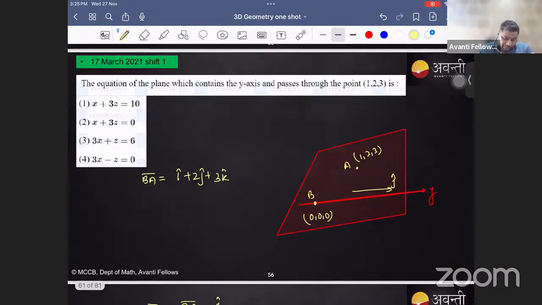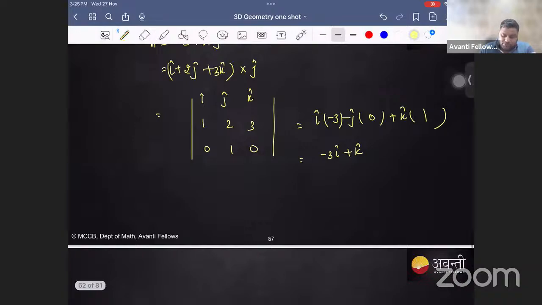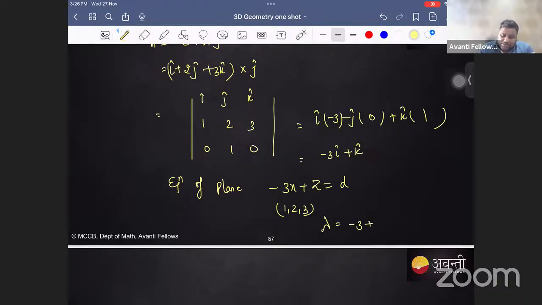Got it? Now, this is the normal of the plane. So if I know the normal of the plane, the equation of the plane will be like minus 3x plus z equals d. And to get this d, make the plane pass through either 0, 0, 0 or 1, 2, 3, whatever you feel like. So let us make it pass through 1, 2, 3. So you got lambda as minus 3 plus 0 plus 3, that is 0.